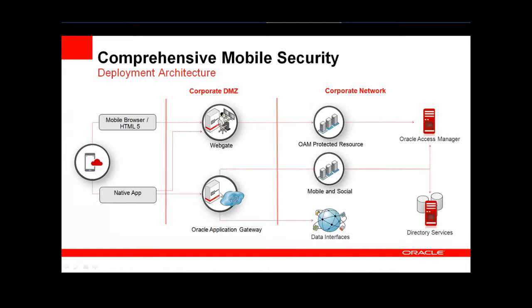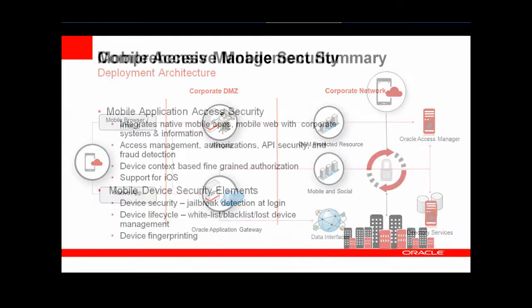For your initial single sign-on, you're basically going through the mobile and social server, and after that, any API call you make is protected by the API gateway, and that provides security along with data masking and any of those functionalities or data redaction that you are trying to do as part of that use case.